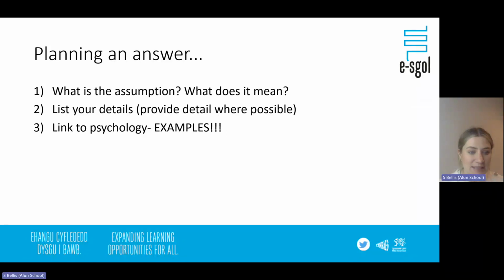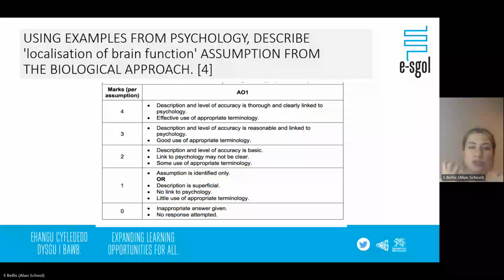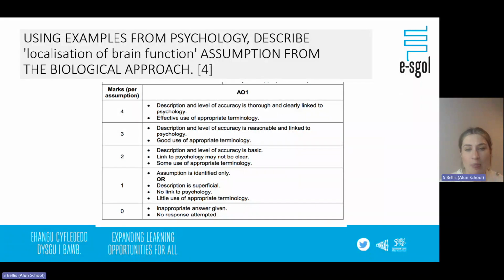Let's have a little look at, now I know this says localization of brain function, but if it was to say neurotransmitters, we need to make sure that we have a level of accuracy that is thorough. It's making sure that you've squeezed everything out of your brain and you've put it on that page. Have you really made sure that somebody understands that you know about this assumption?